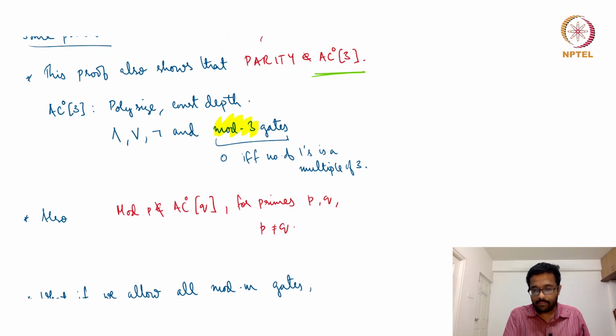So parity is like mod 2 and AC0[3] contains mod 3, right? So now instead of mod 2 and mod 3, I could say the same for mod P and mod Q. So any mod P is not contained in AC0[Q], where P and Q are two different primes, right?